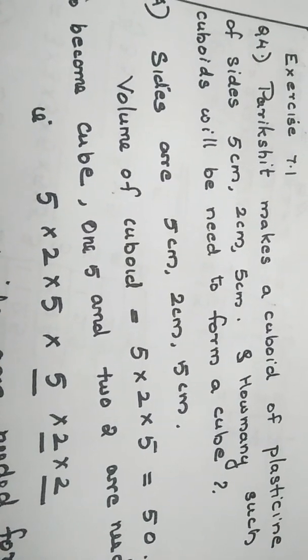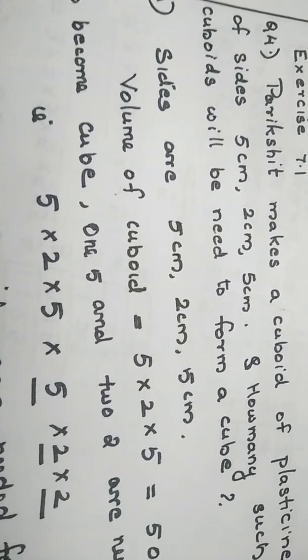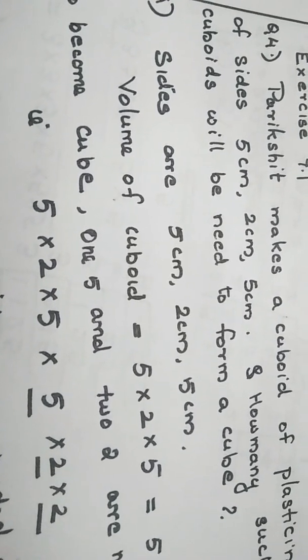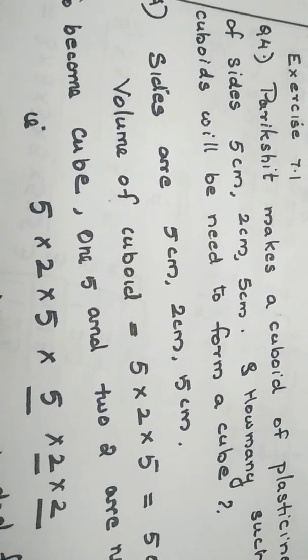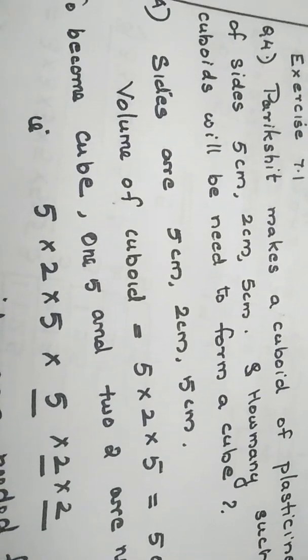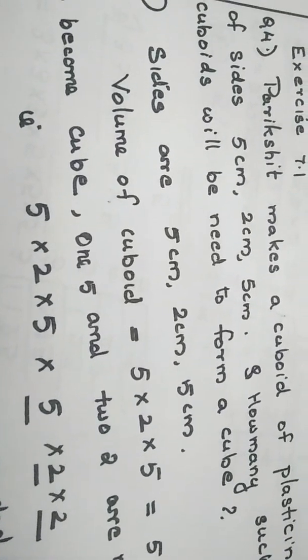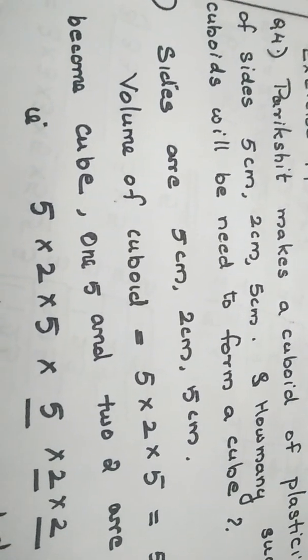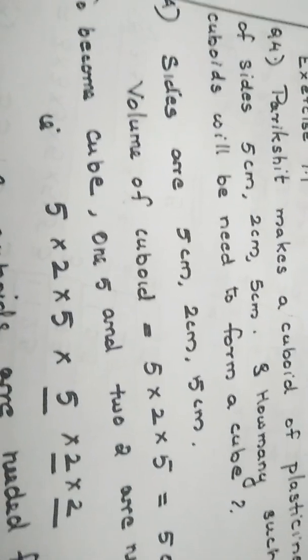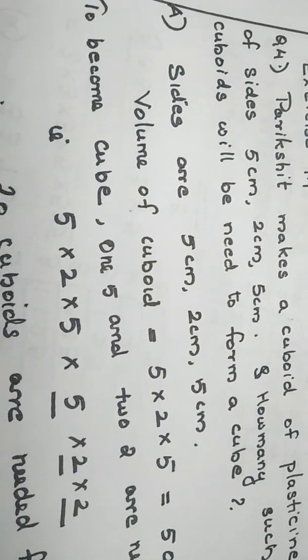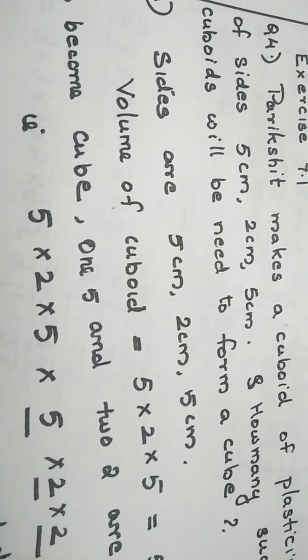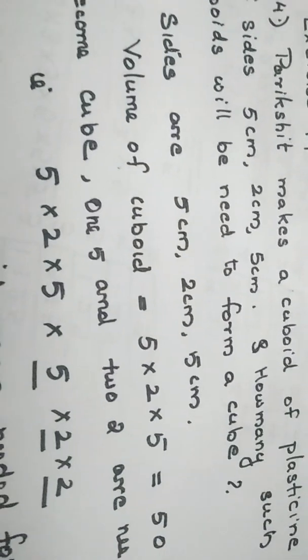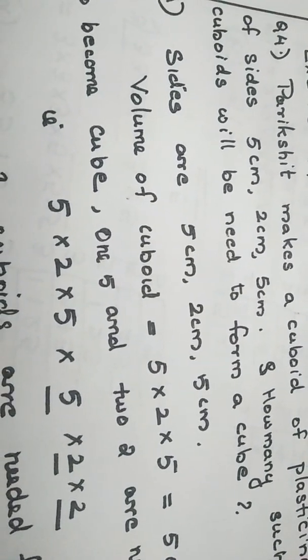Children, you know the difference between a cuboid and cube. What is a cuboid? It will have length, breadth and height. But in the case of cube, all sides will be equal. So here the question, how many cuboids will be needed to form a cube?